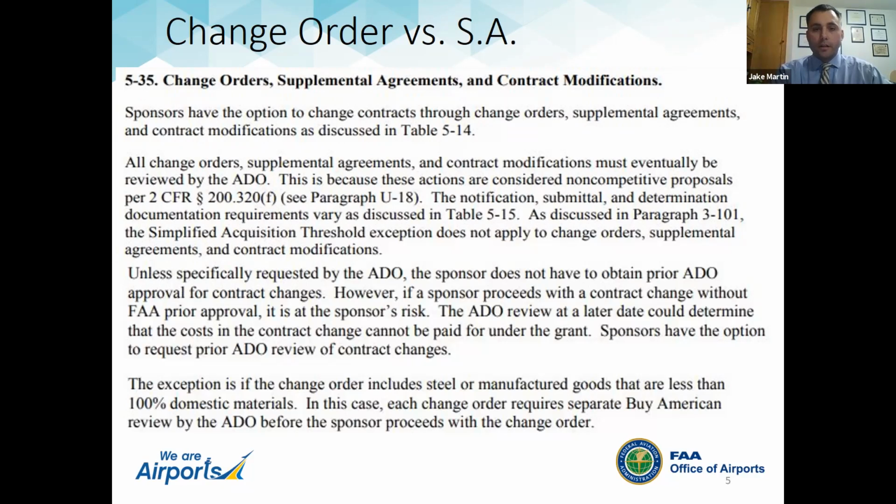And so it very clearly lays out that change orders are considered non-competitive proposals, which means they weren't bid with the construction contract. And that anytime you have a non-competitive proposal, there needs to be a review for some specific things. So this is a very clear instruction. And from the legislation, it ties the FAA into requiring some sort of review on any contract change in regards to change orders.